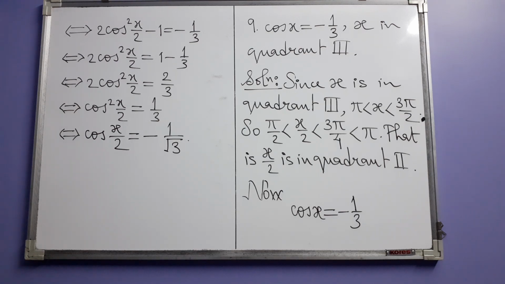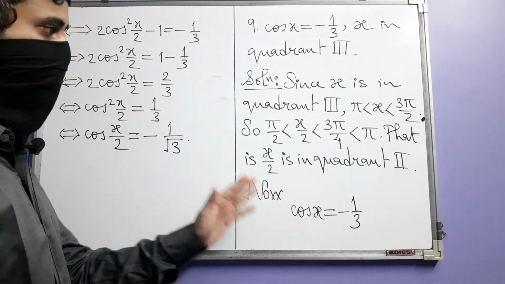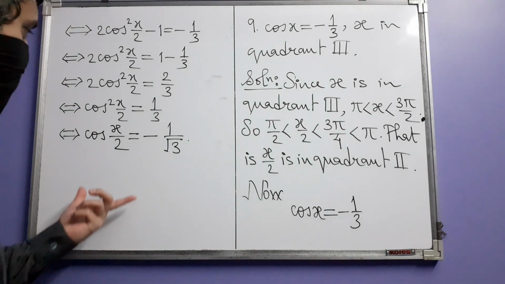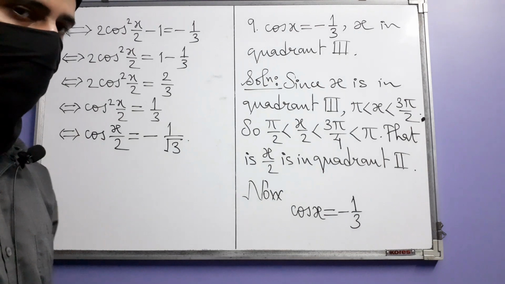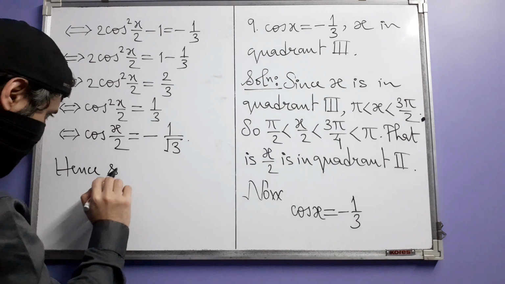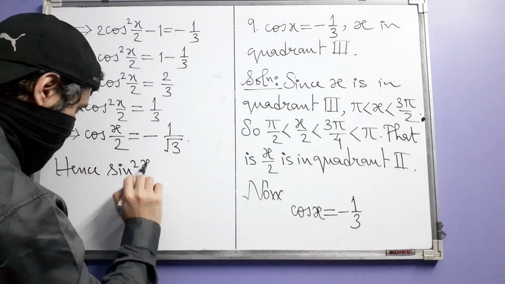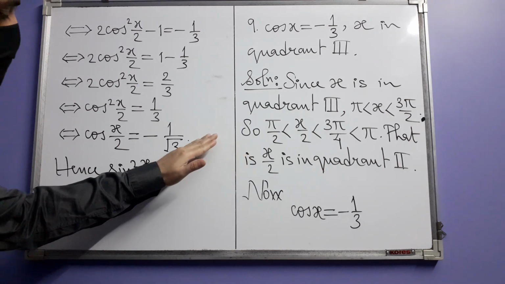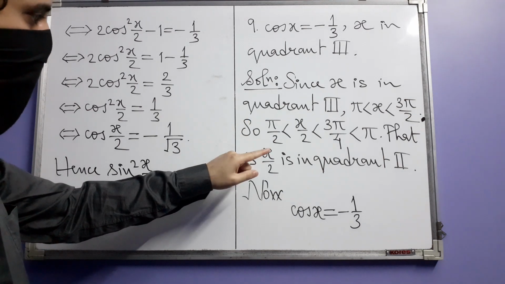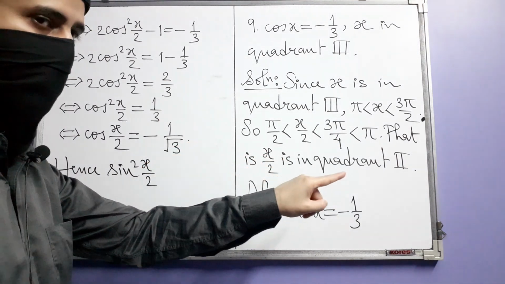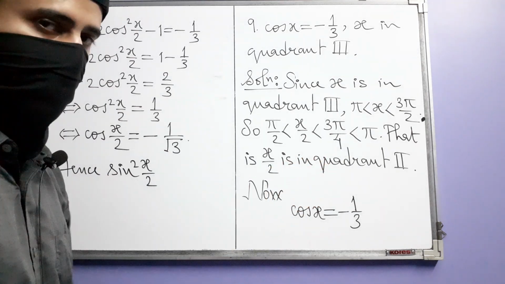Next, let us find sin x over 2. Sin x over 2, however, will be positive because we are in quadrant 2. And this time we can just simply use the relation between sin and cos. Oh, actually, ideally you should write here cos x over 2 is less than 0 since x over 2 is in quadrant 2. I mean, we did not specifically write anything for cos, we just wrote that the angle is in quadrant 2.